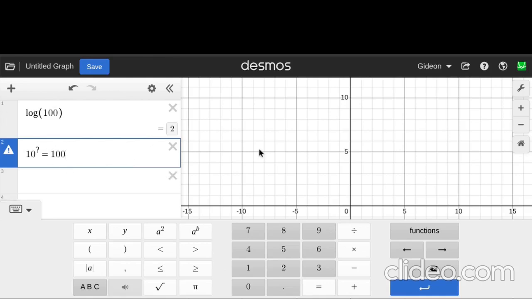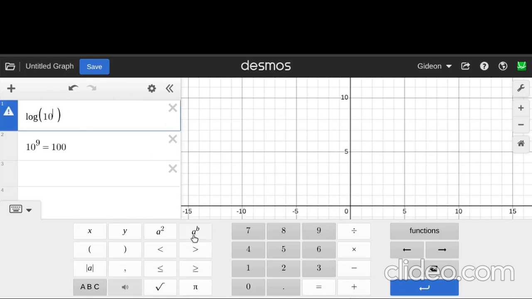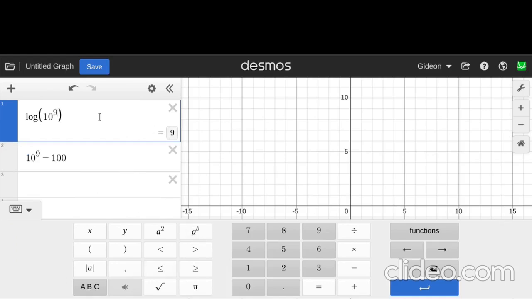And as a side note, if you have a number up here, let's say you're given a 9, or this is 10 to the power of 9, this is going to automatically give you whatever this exponent is. If this base matches this, so let's get another example.